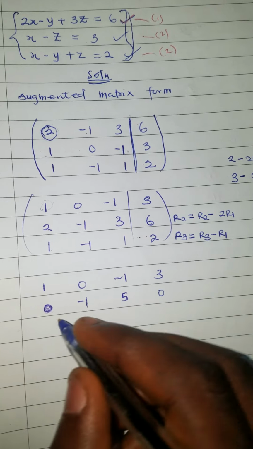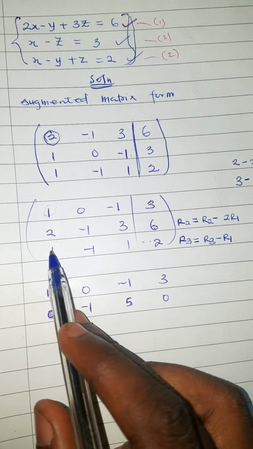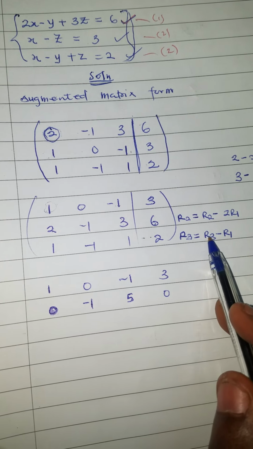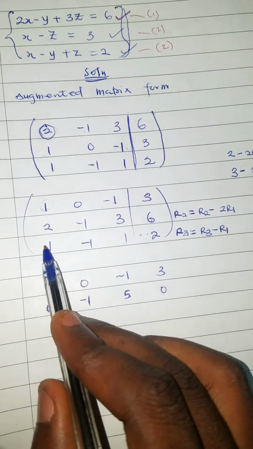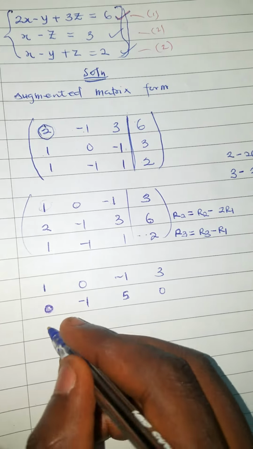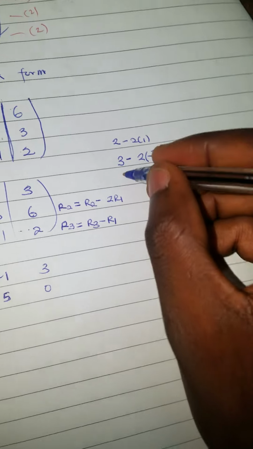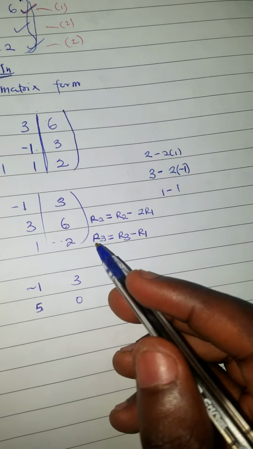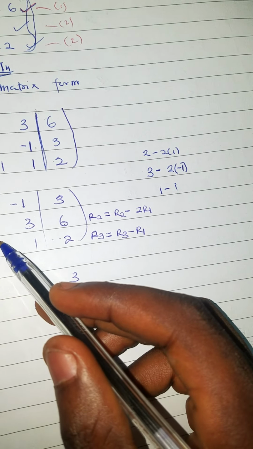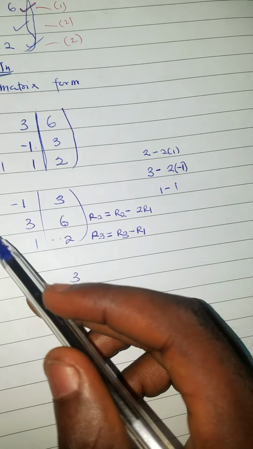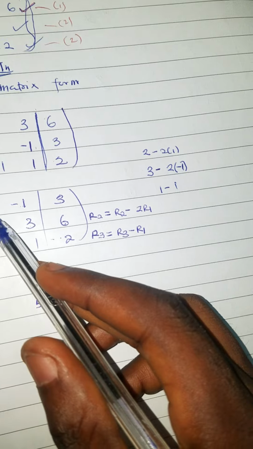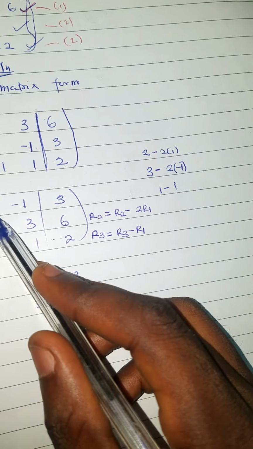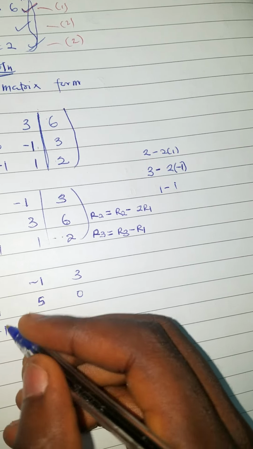The third row, we said our new row 3 is equal to row 3 minus row 1. So it will be 1 minus 1, which is 0. Then the next thing is minus 1 minus 0, which is minus 1.